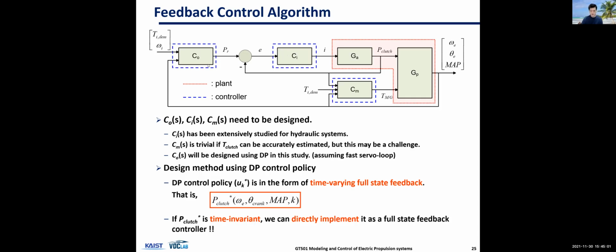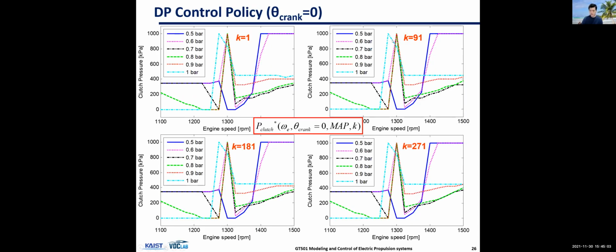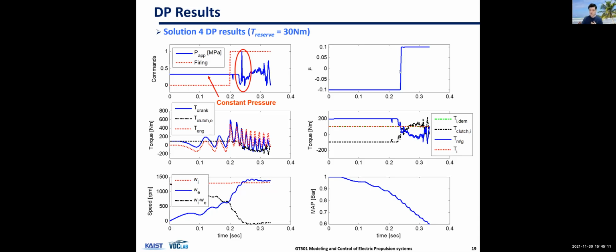So this is the plot of the DP solution. This was a trajectory plot of the DP, meaning that you give initial conditions and apply the DP policy, and this is the trajectory generated from the DP controller.